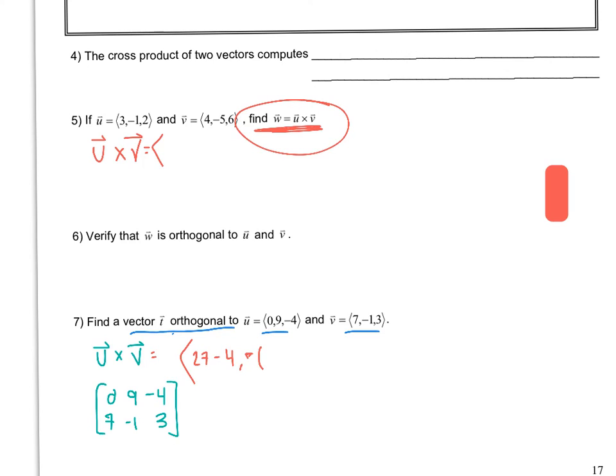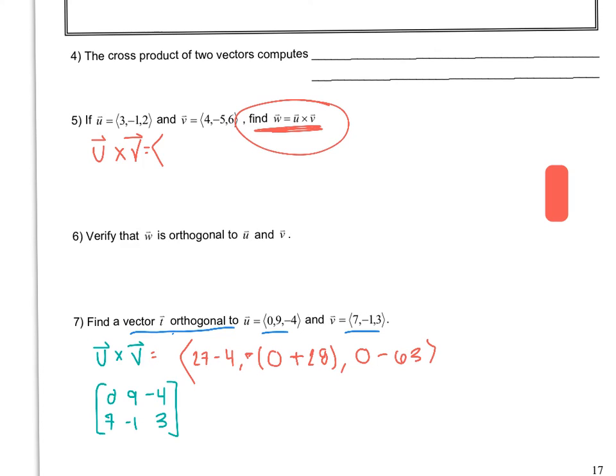Honestly, I'm just holding up my pinky sometimes to visualize that. 0 times 3 is 0, and I'm subtracting 7 times negative 4, so I'm subtracting negative 28, so that would be plus 28. The third entry, I'm covering up the final column, and I have 0 times negative 1, which is 0, 7 times 9, and I'm subtracting 63.